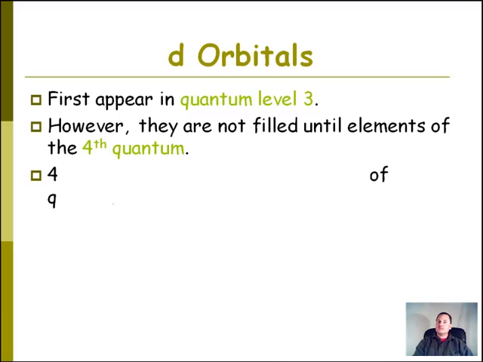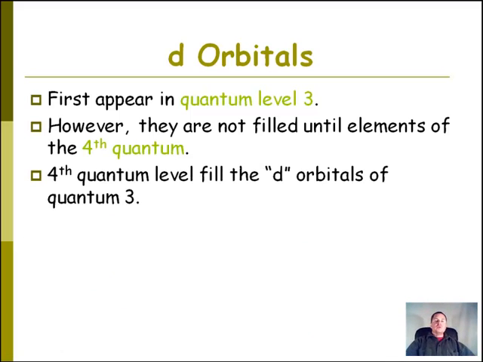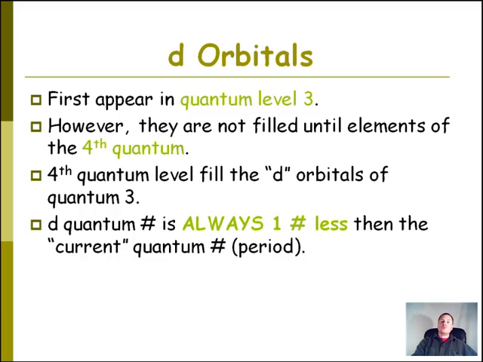So what that means is that the d orbitals are always one behind when we give them the quantum value. The fourth quantum level d's actually fill up the 3d quantum level. So the d quantum number is always one number less than the current period number. So instead of saying 4d, we're actually going to say 3d.